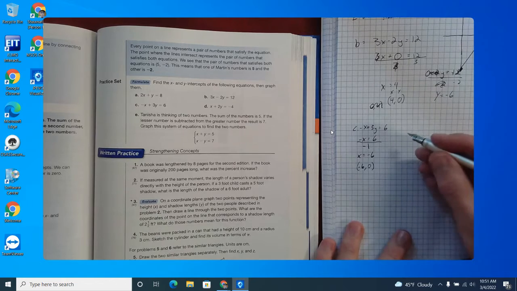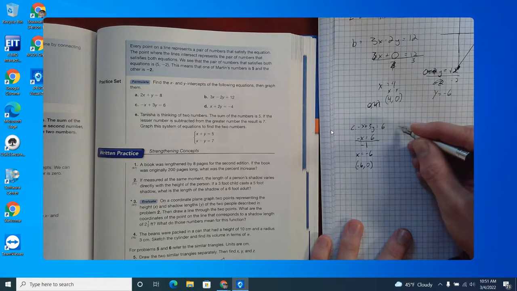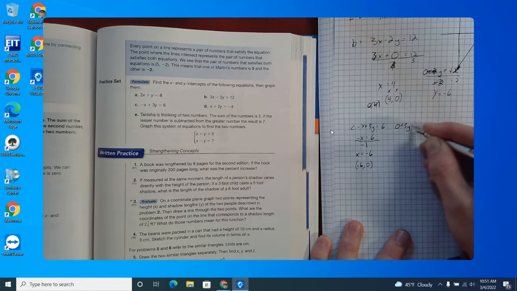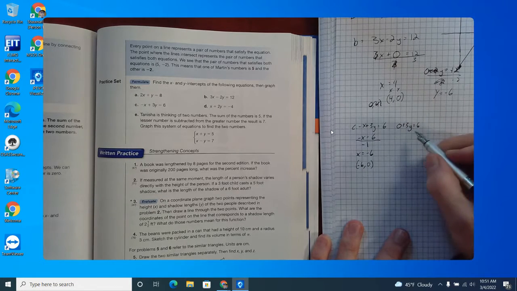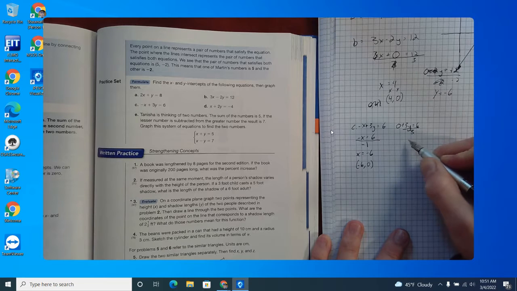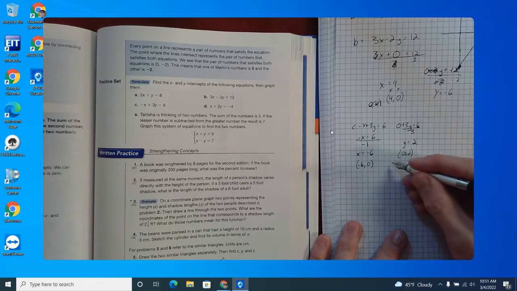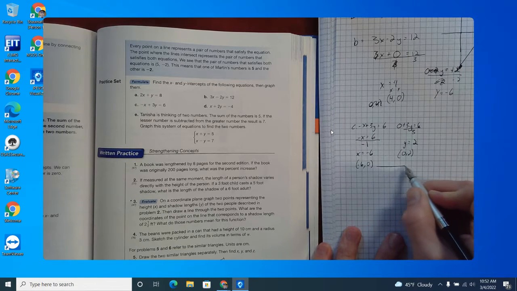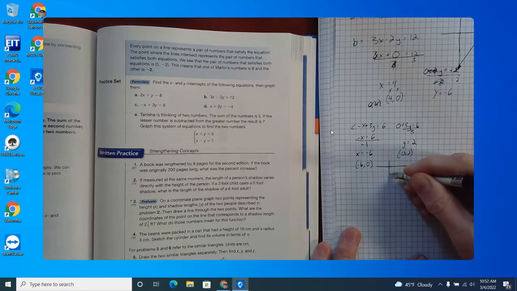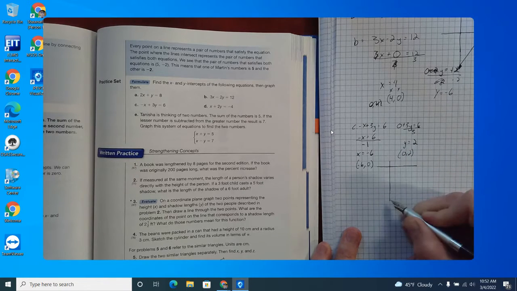My second point is going to be 0 plus 3y equals 6. So divide both sides by 3. y equals 2. Okay, so 0, 2. Now I graph that. 1, 2, 3, 4, 5, 6.